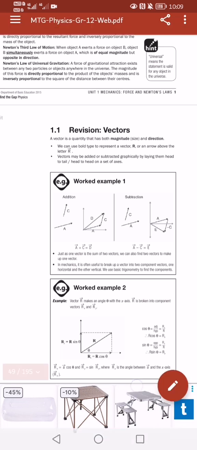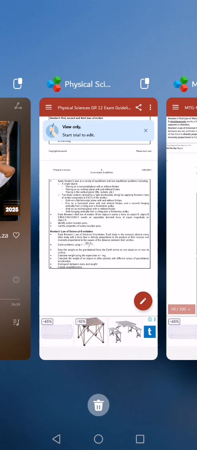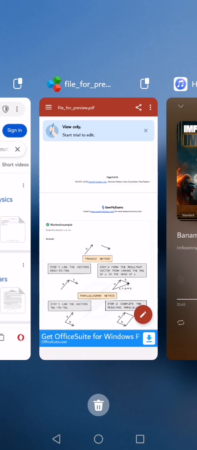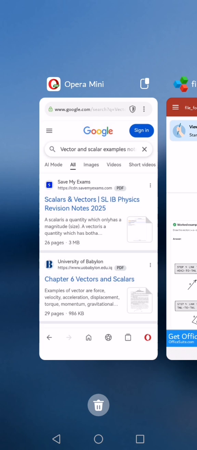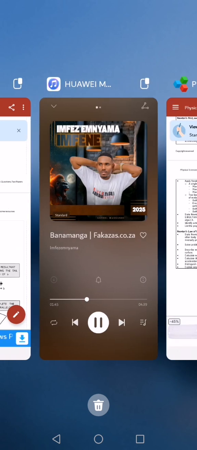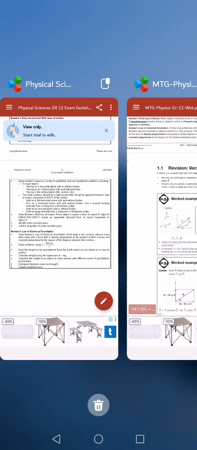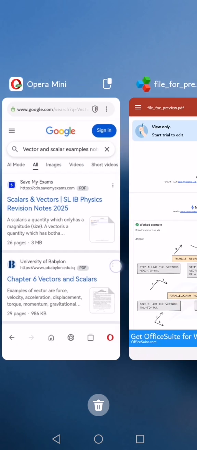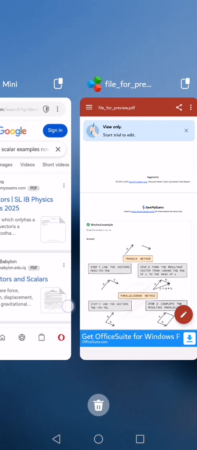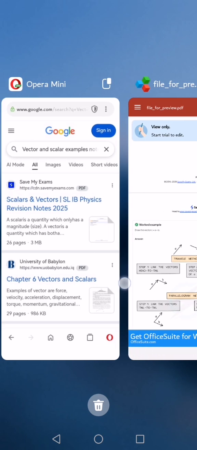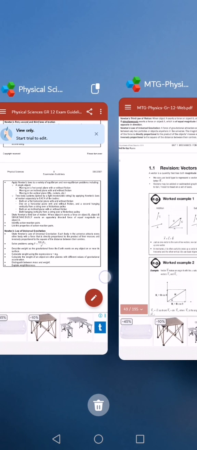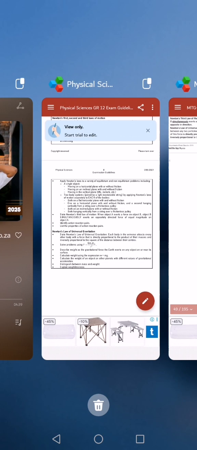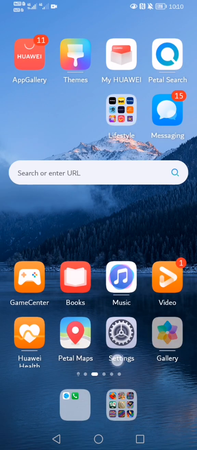Let me quickly show you the examples of a vector and a scalar. Wait a minute. Let me quickly show you the examples.